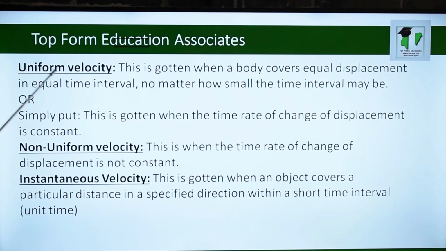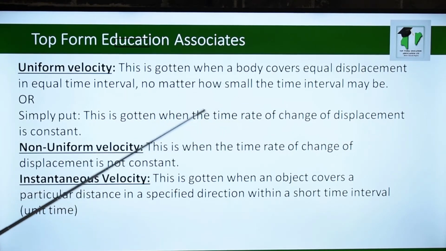Now go into uniform velocity. This is gotten when a body covers equal displacement in equal time interval, no matter how small the time interval may be. I gave you example in the other one. Person now moving to the principal's office. I have specified it.